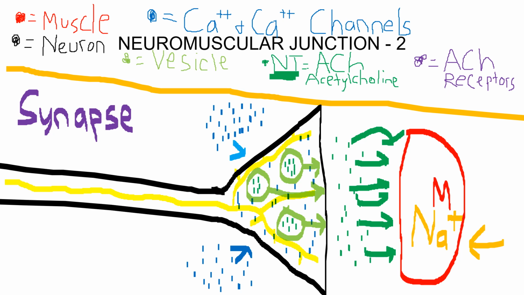So if we have a muscle that's resting, that's chilling, and then we flood it with these positive charges, what's going to happen is we're going to generate an electrical impulse or electrical activity. And that's what's going to happen with the muscle. So calcium, sodium, calcium. We saw calcium entering the nerve. We saw sodium now entering the muscle. And once again, this is a whole cascade effect, a huge domino effect. You can't have one without the other.